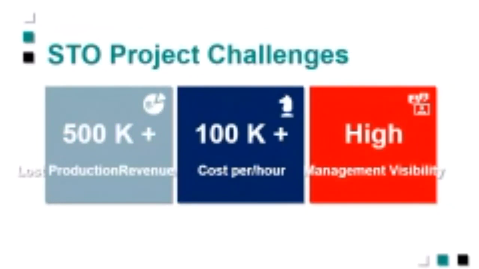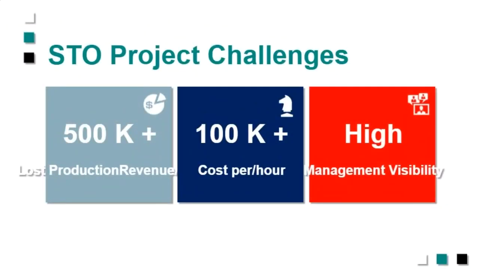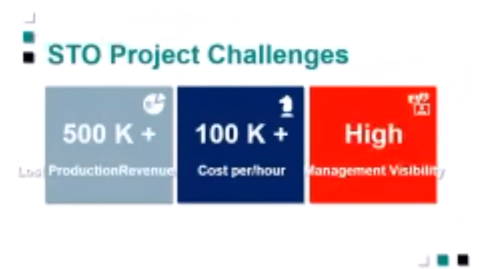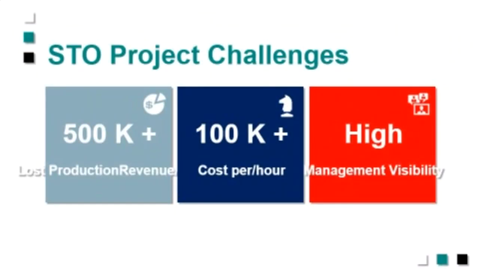So when we talk about turnarounds or shutdowns or outages, whatever you call them, these are highly specialized projects. They mean several hundreds of thousands of dollars in lost production per day that the plant is shut down. There are also hundreds to thousands of skilled workers on site, along with some expensive equipment, of course.